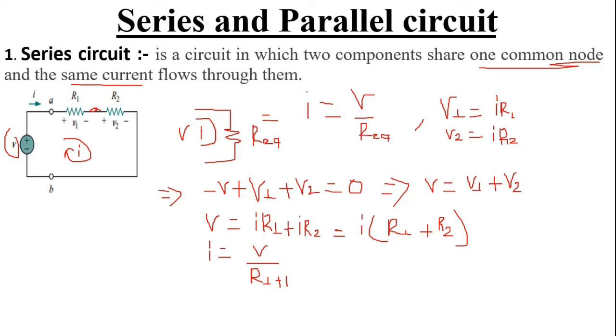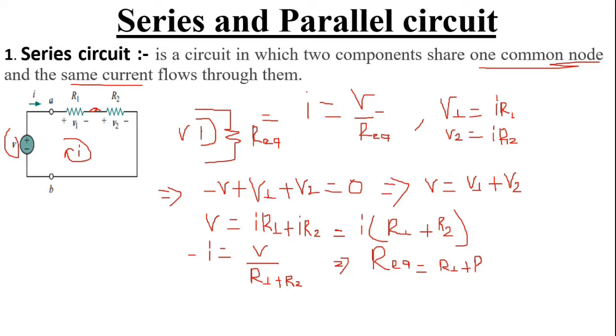Now we can find the equivalent resistance for this circuit by relating this equation and this equation. From this we find that R equivalent is R1 plus R2.